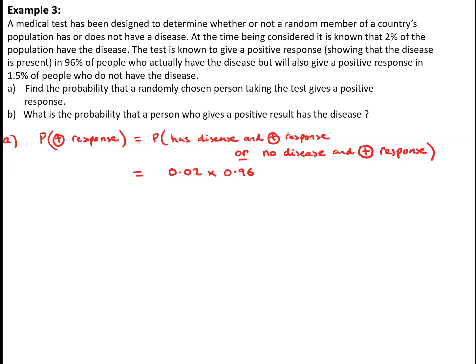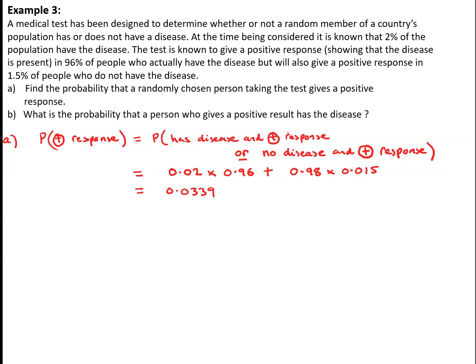But if you don't have the disease, we're told that 1.5% of these people will give a positive response. So the probability that somebody doesn't have the disease and gives a positive response is 0.98 times 0.015. And altogether that gives me a probability of 0.0339 for obtaining a positive response from a randomly chosen member of the population.